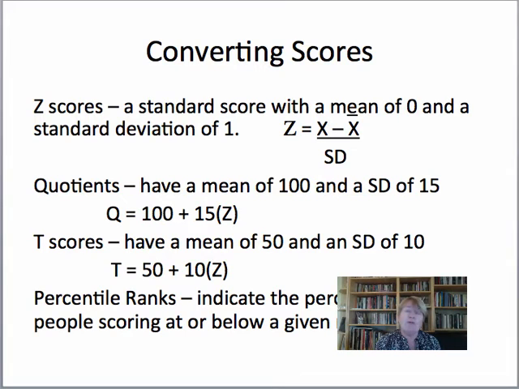Z-scores use the raw score that we're interested in on a test. So we take the raw score, we subtract the mean score, and we divide that result by the standard deviation. So again, it's the raw score that we're interested in on a test minus the mean of the test divided by the standard deviation of the test.